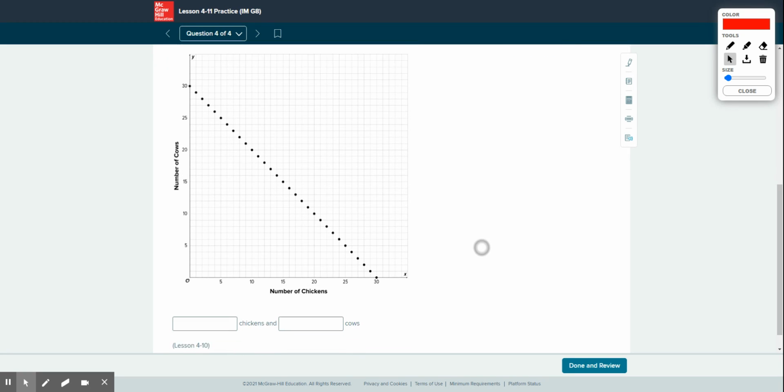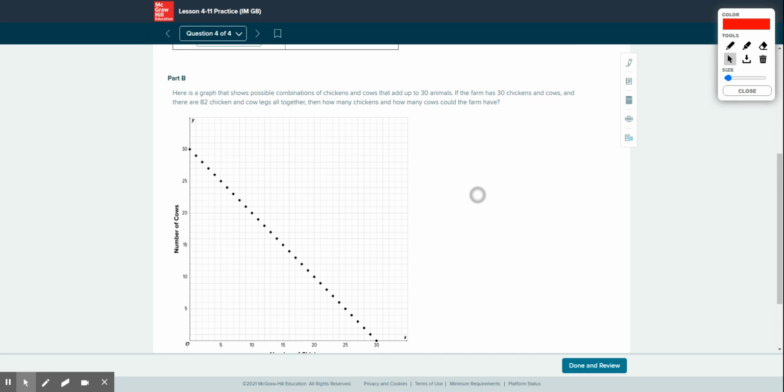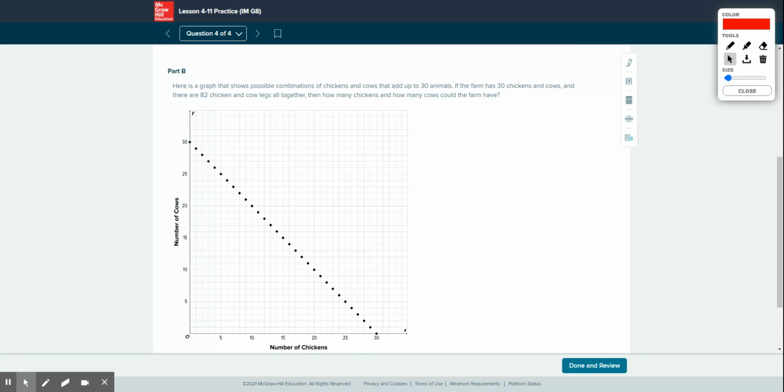We want to figure out on this graph where we would find x and y having a sum of 30, and then having the number of cow and chicken legs adding up to 82. What we really want to get from this is that we now have two equations.